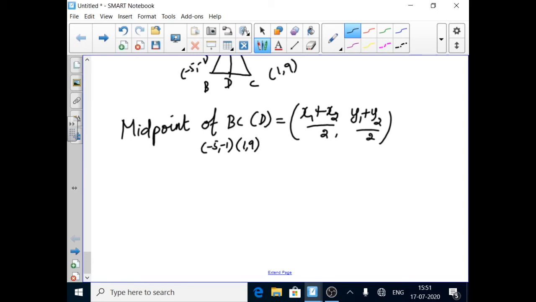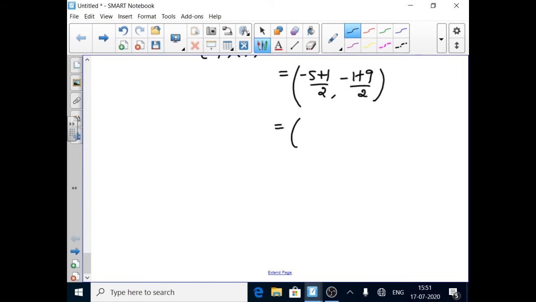So x1 plus x2 means minus 5 plus 1 by 2, and minus 1 plus 9 by 2. So that is minus 4 by 2, 8 by 2. If you do the cancelling here, we get 2, 4. Which sign applies? The greater value is minus 5, so we get minus 2, 4. So the point D is minus 2, 4.